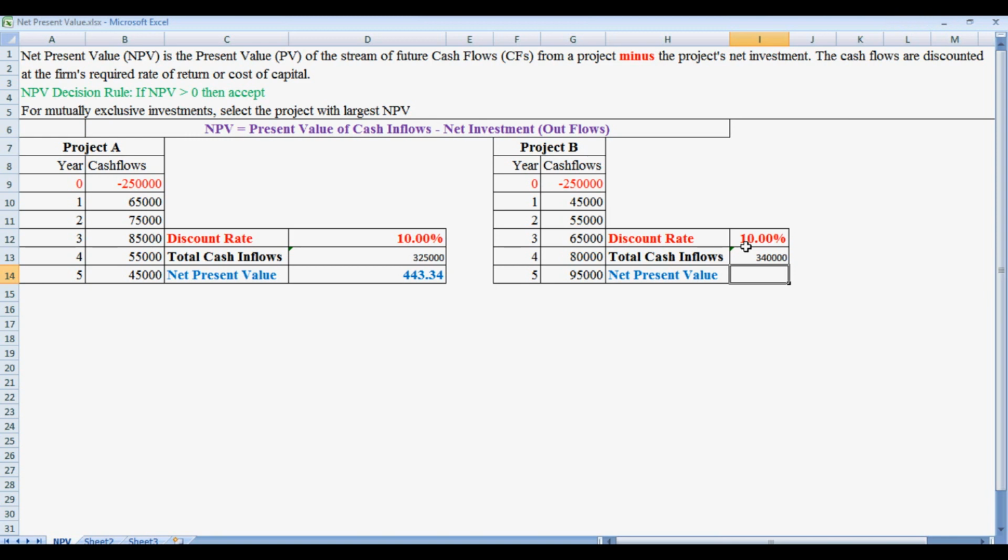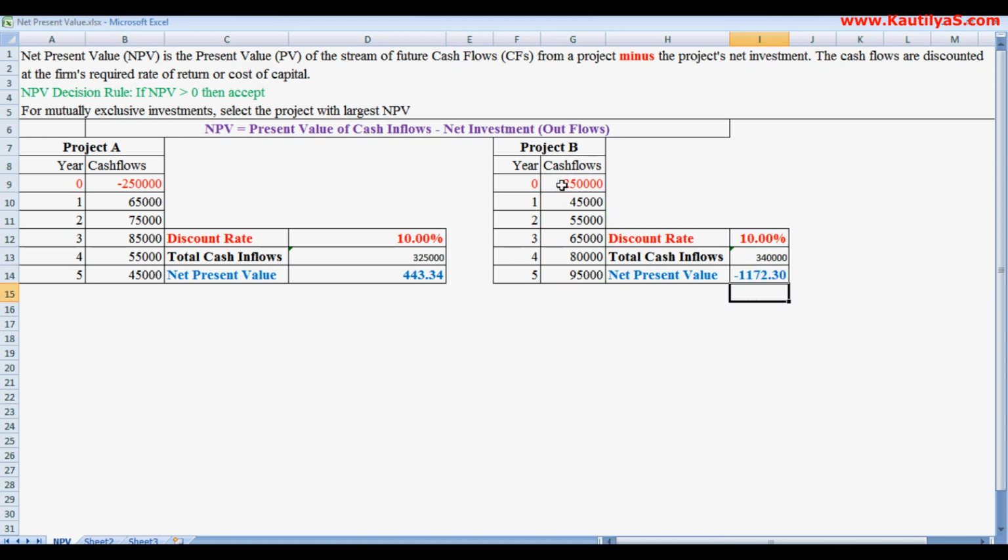How do we calculate net present value? Using the Excel function NPV, equals NPV, open bracket. It prompts you to give the rate, so select the discount rate, comma, select the cash inflows, close the bracket, and plus cash outflows.